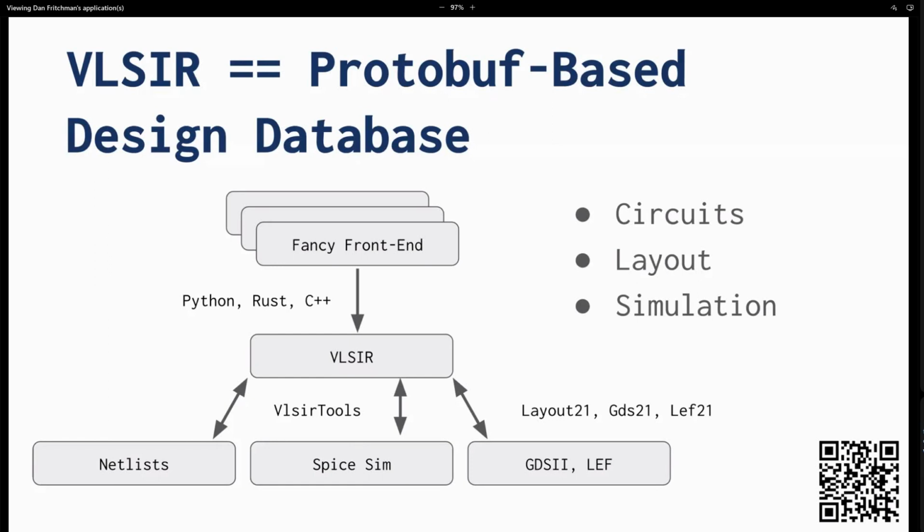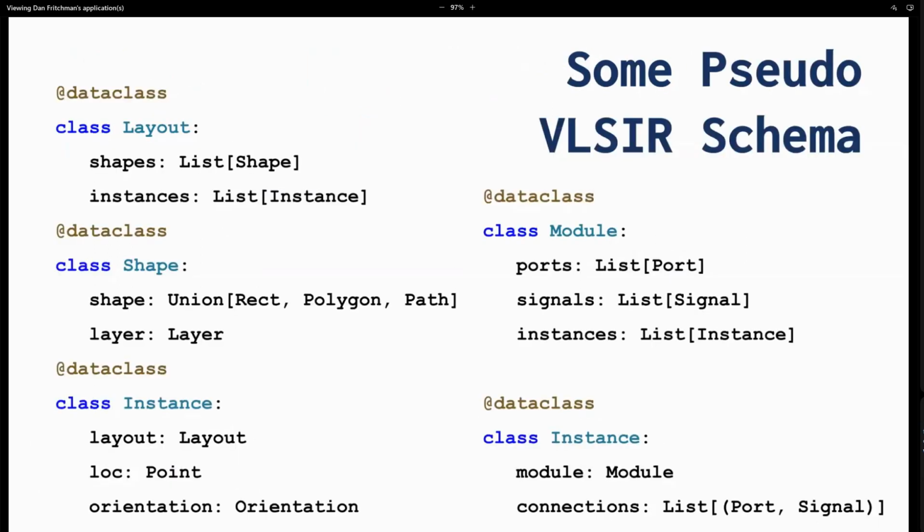So that's the general gist of the stuff that is in this VLSIR schema, not in syntax, but in concepts. There are three major headings of design content really pretty comprehensively covered. They're circuits in module form, they are layout, and SPICE input and output.